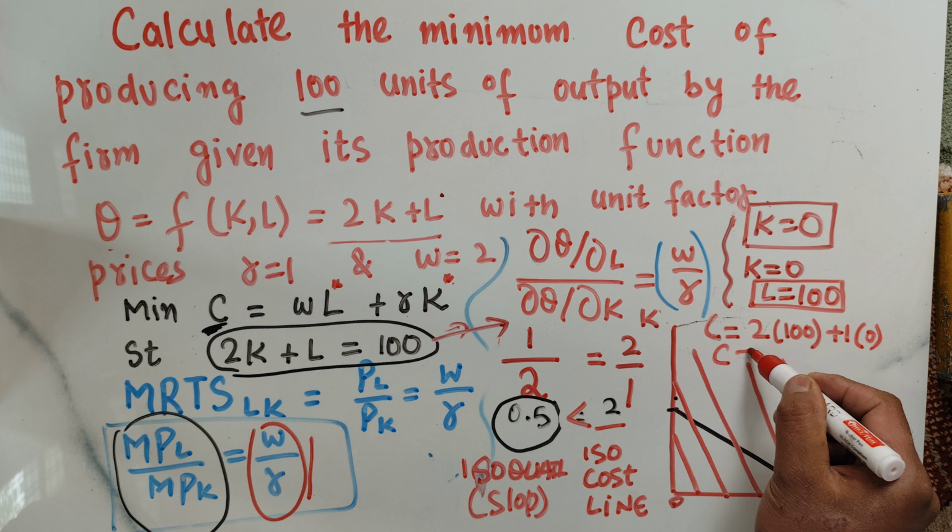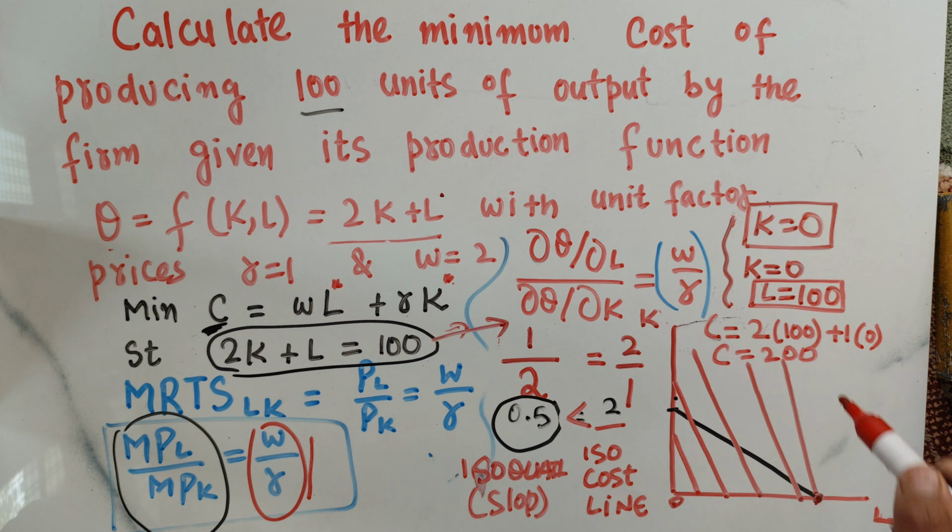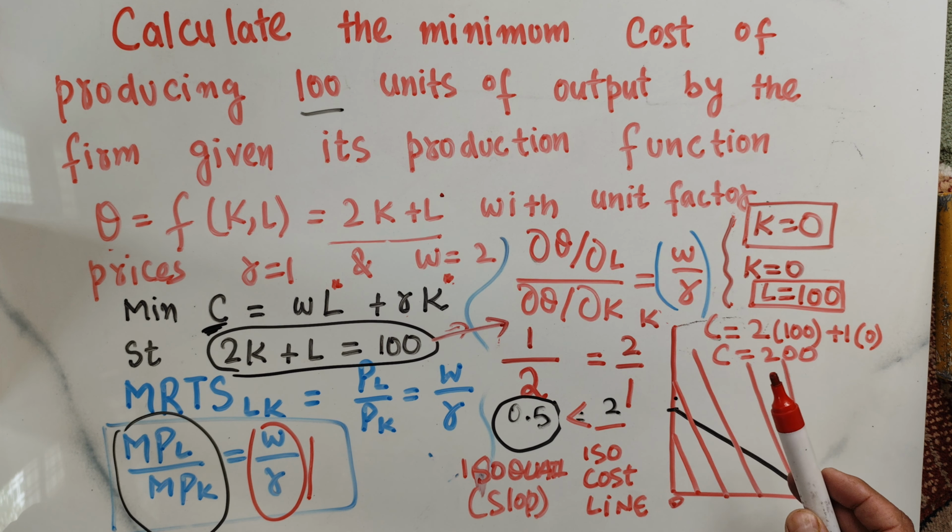So the minimum cost of production will be 200 in this case, because we have a linear production function and it touches the isoquant at the x-axis. That means we produce using all units of labor and 0 units of capital. I hope I made myself clear in this video. Thank you.